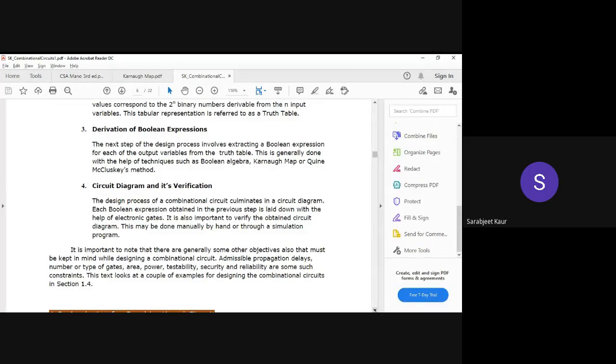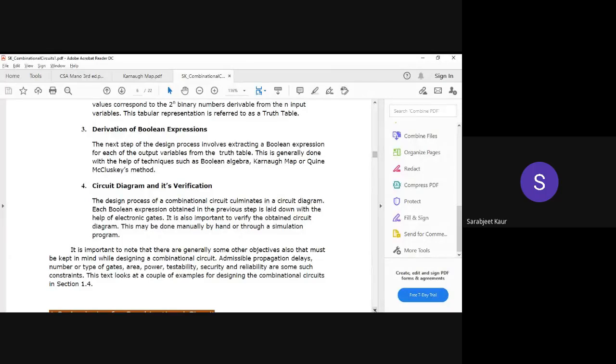So we started with nothing, just the definition of the function, that is what this circuit should do. We drew a block diagram, then we made a truth table, then derived the Boolean expression, and now we are going to draw the actual circuit diagram.